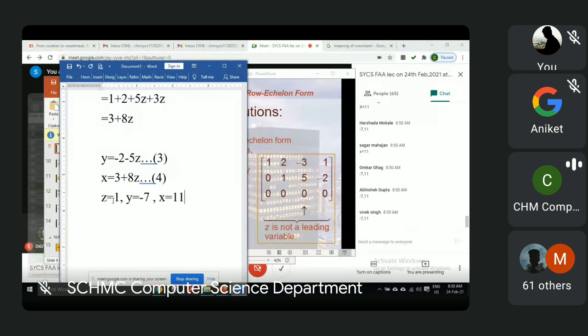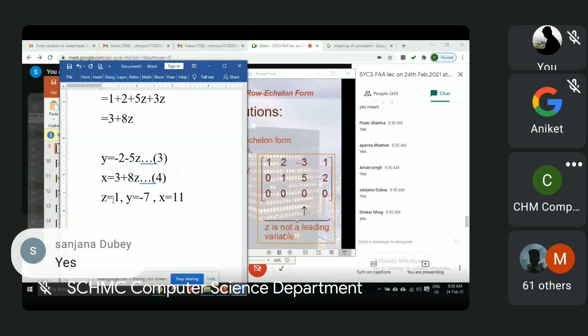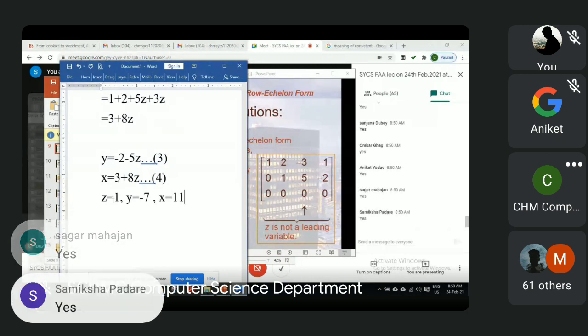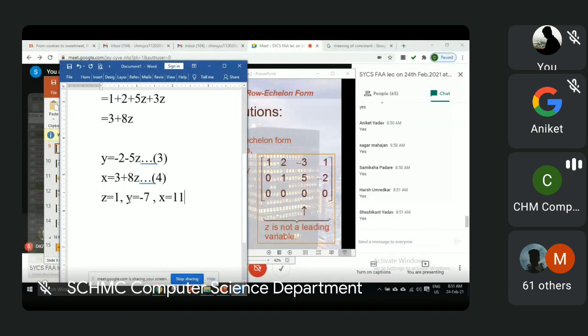Do you agree that z can take any value on the real number line? So if z can take any value on the real number line, then z can take infinitely many values. If z can take infinitely many values, I will have infinitely many solutions.